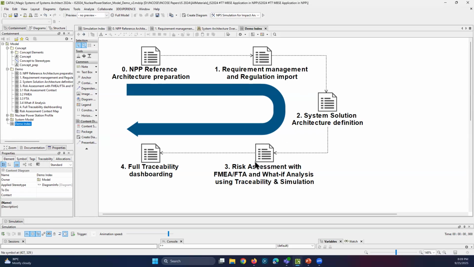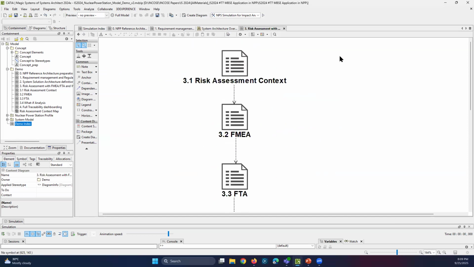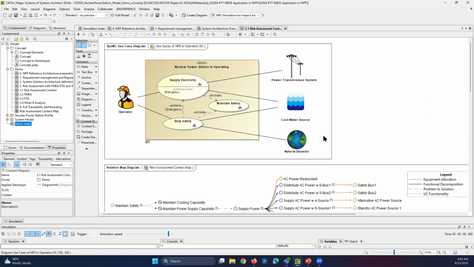So now let's look into this risk assessment, what we're going to do. This risk assessment takes the system solution into consideration. Then we start looking into the risk assessment context, right? In the risk assessment context, based on the system context that we built, which you didn't see earlier, we have the analysis on how the system should operate. For example, natural disasters will impact how the nuclear plant works.